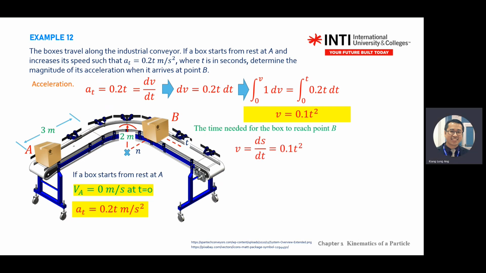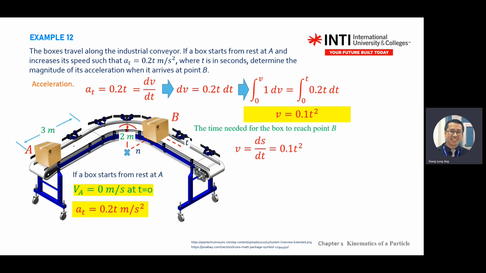Once you have one equation for v, you can find the rest. You know that the definition of v equals ds/dt. You found previously v equals 0.1 t squared. Repeat the same process and you can find the s equation. Nico, find the equation for s from here.